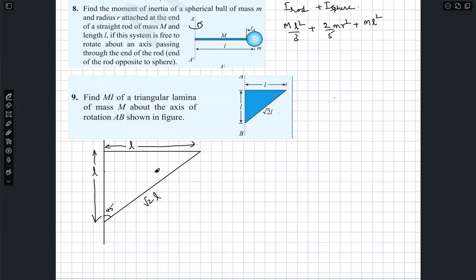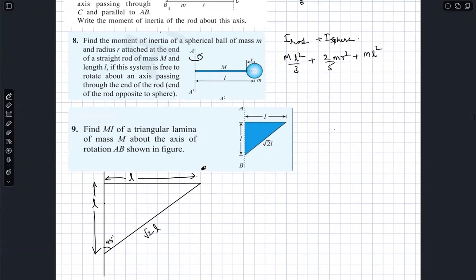Now, we require an element here. For example, I am taking length as x. Now consider this shaded part.